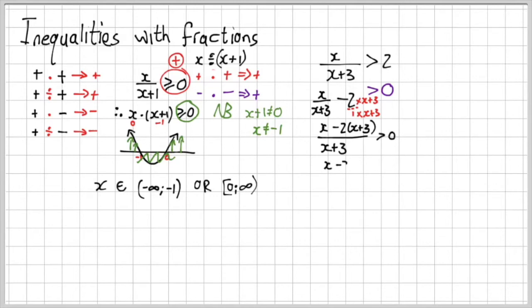I'm going to now simplify this expression. I'm multiplying out. And that leads me at the top to negative x minus 6 over x plus 3 greater than 0. Now, important thing, and I said in the previous video, I'll do more explanations on this.